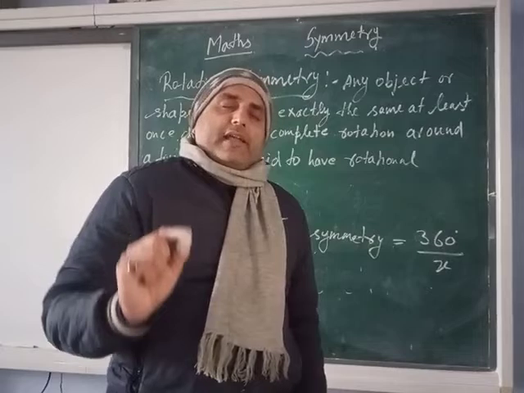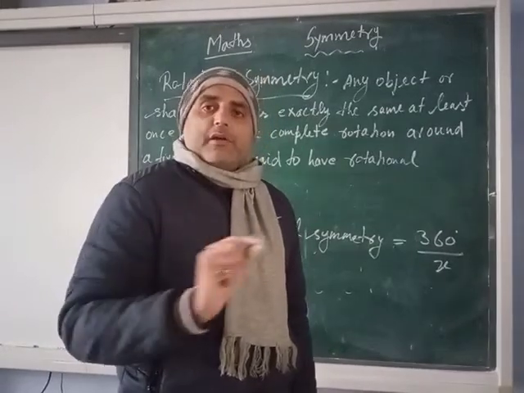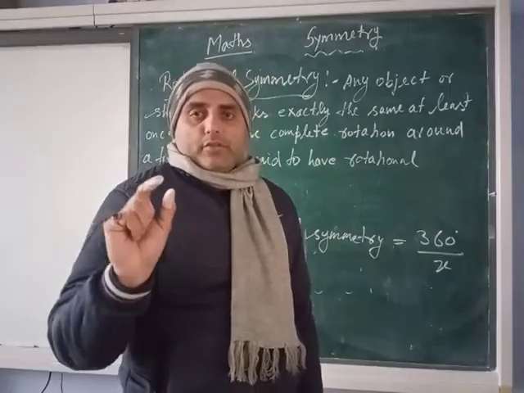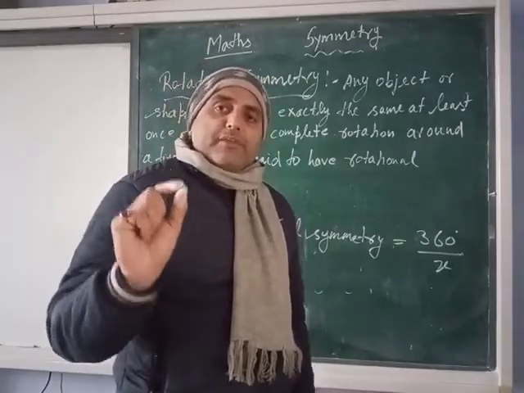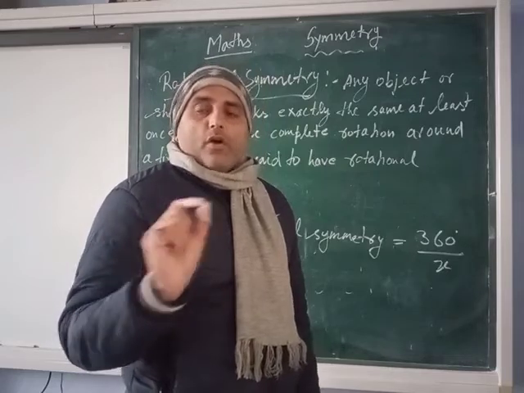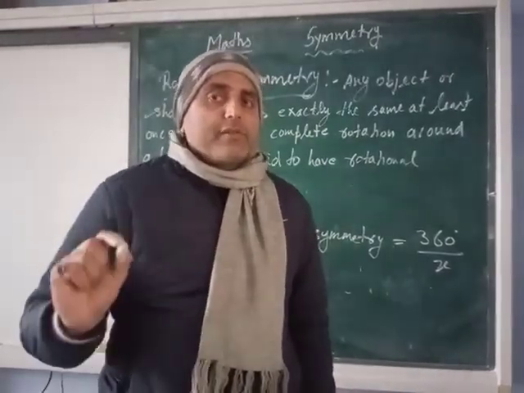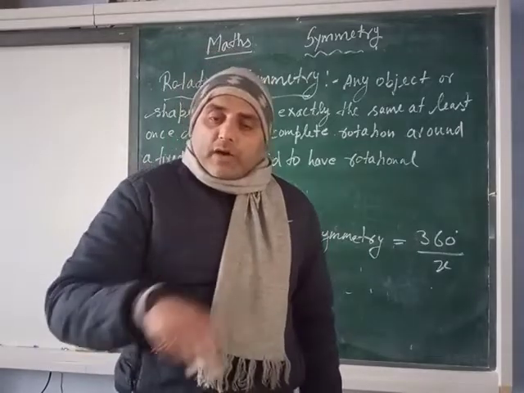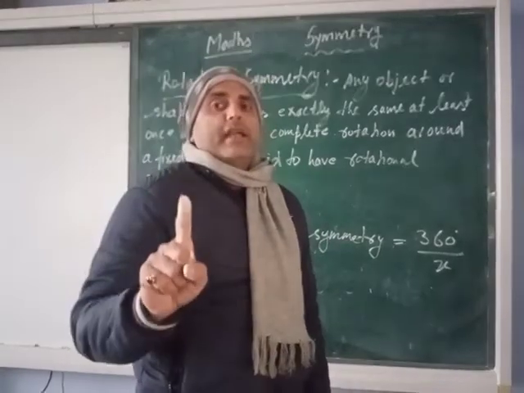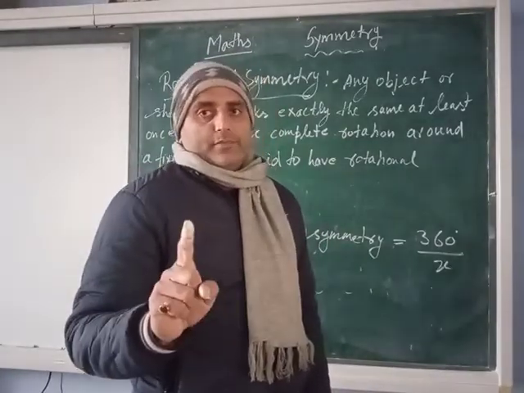You have different types of figures. Some figures have no line of symmetry. Line of symmetry may be 0, but order of symmetry can never be 0, because in one rotation at least one time it gets its original shape.